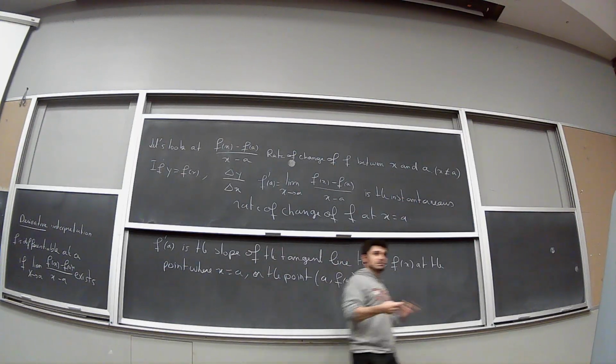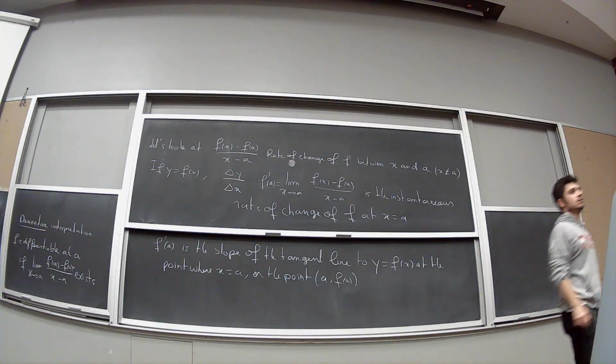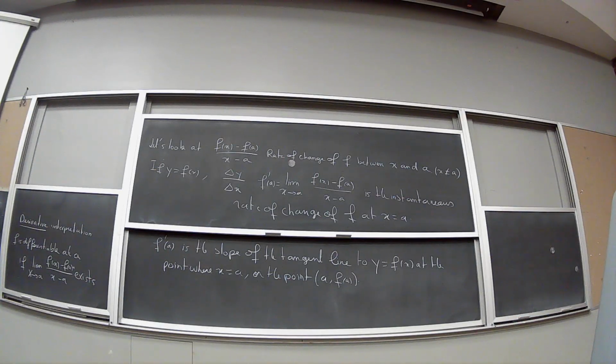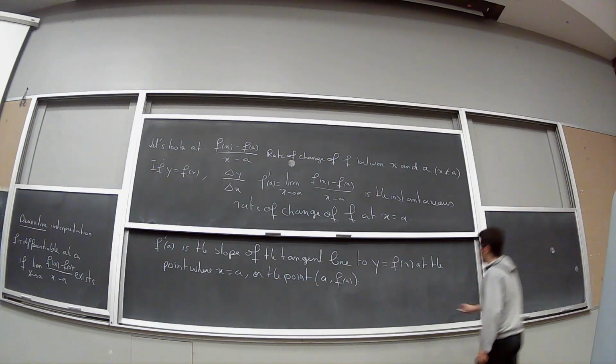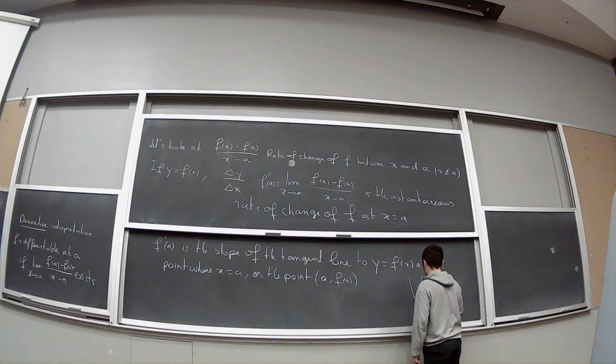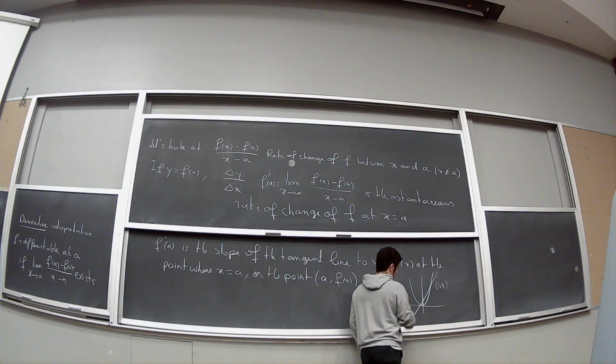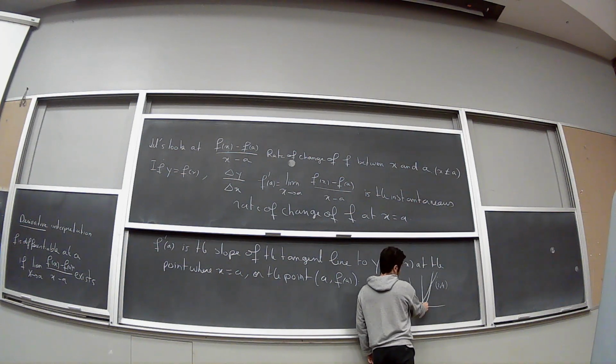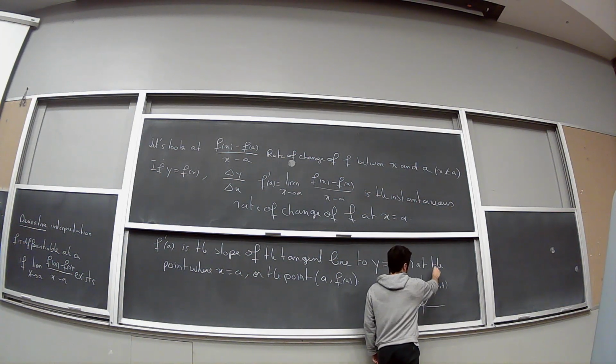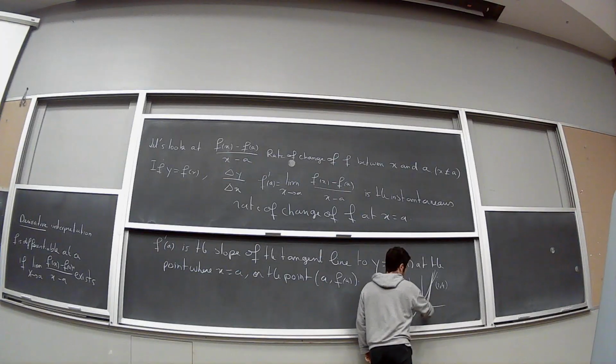Remember this? This is how we gave a motivation for the derivative. We took the parabola y equals x squared, and say I took 2 points. I have a point here, and as I make this point closer to 2, I get a line that is like this.